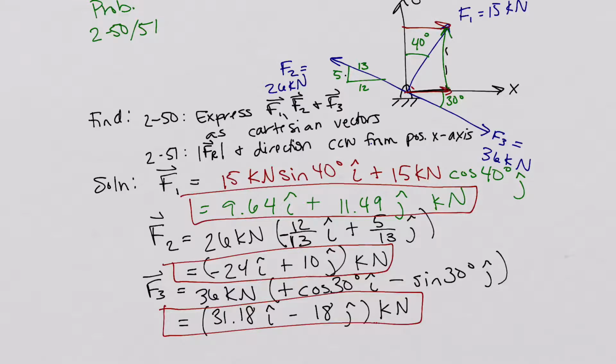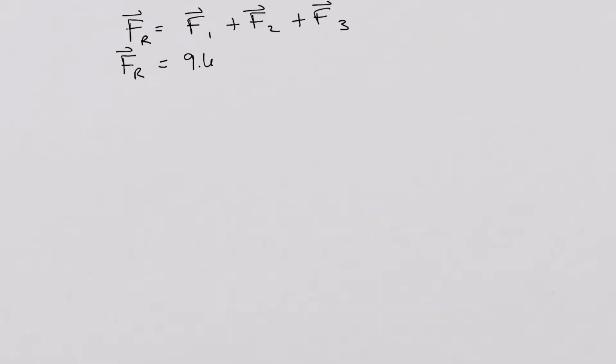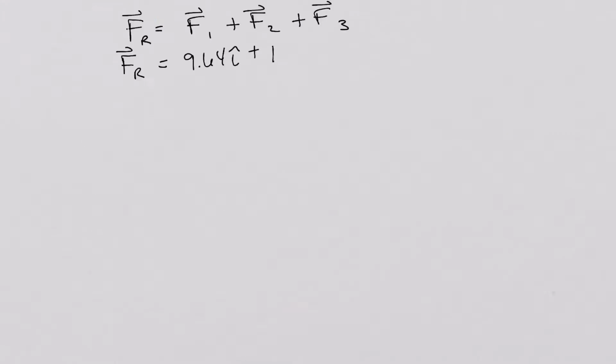So I'm going to go on to the next page. The resultant force is going to equal F1 plus F2 plus F3. We just found out what those are. For F1, I'm going to go back and grab it, it's 9.64 i plus 11.49 j, in kilonewtons.